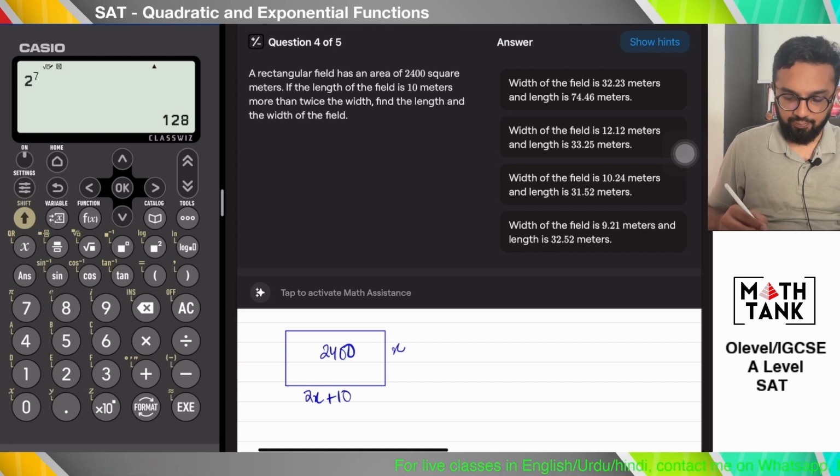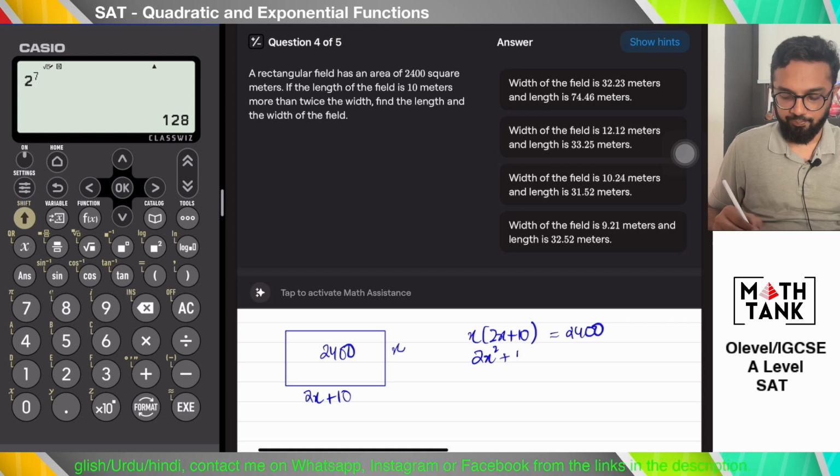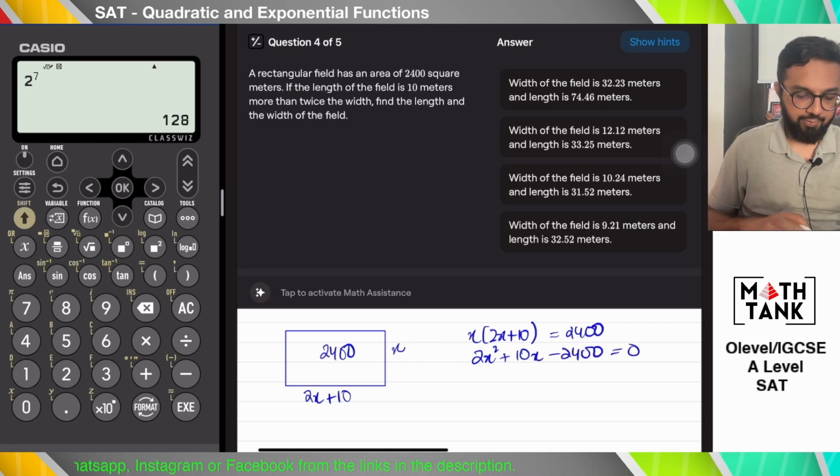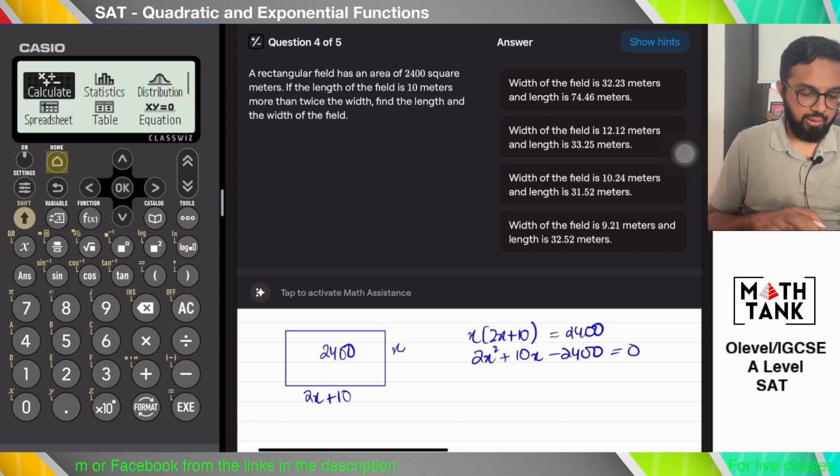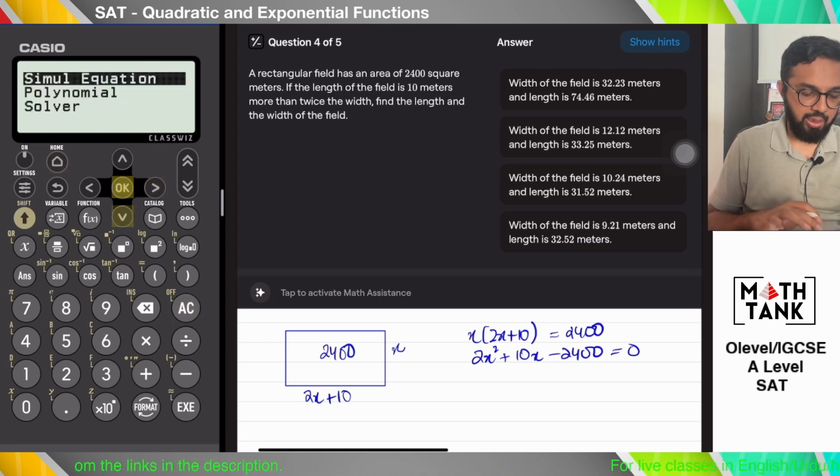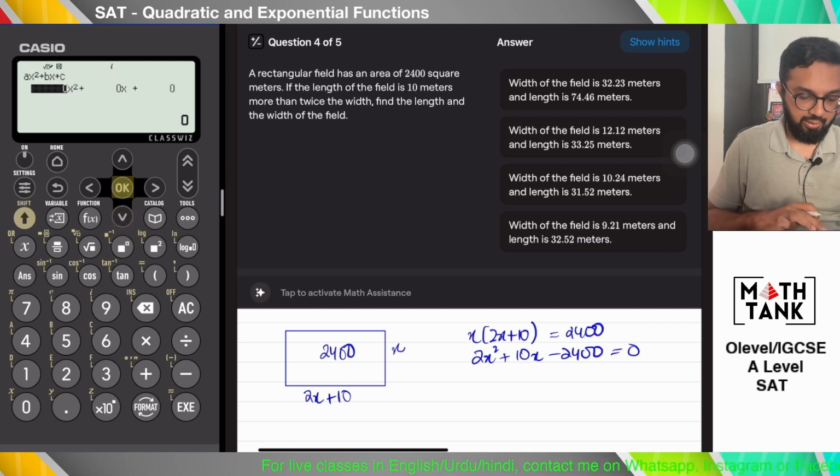Find the length and width of the field. So x times (2x plus 10) should equal 2400. I get 2x squared plus 10x minus 2400 equals 0. Now instead of trying to figure out what to apply in terms of factorization or something else, I'm just going to put this on my calculator and see if I get answers for x.